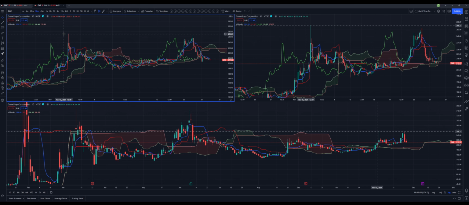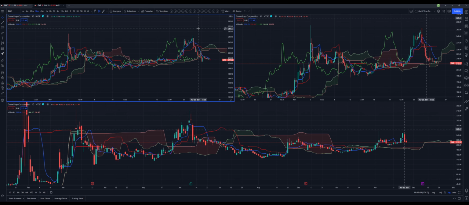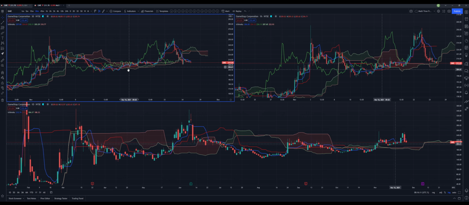We have the 30 minute, the 1 hour, and the 1 day. You'll see how my cursor is synchronized across all three windows so that we have a real sense for what short-term price action looks like compared to price action over the longer term. So we have 1 day here, 1 hour and 30.